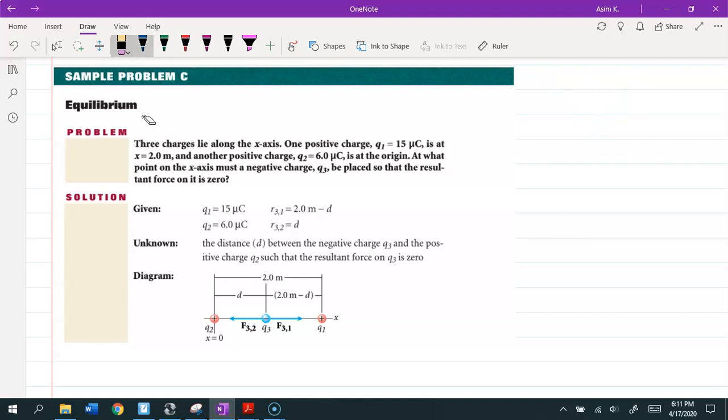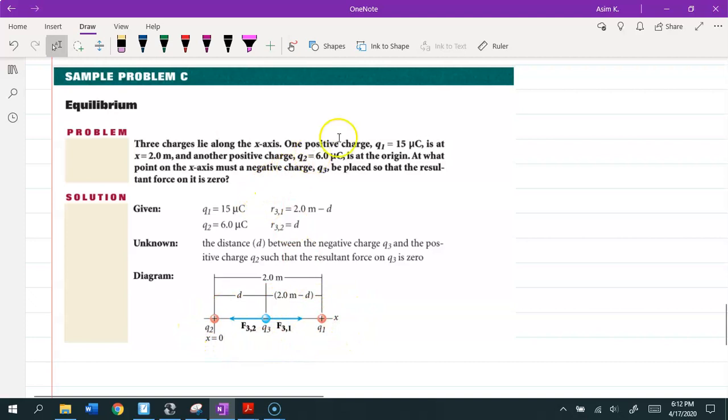The question says that you have three charges and they lie on the x-axis. So what I've got here is a diagram that is in the book as well, but here's your x-axis, and I just wanted to explain this to you very quickly because I know the equilibrium problem has kind of been tough for students to understand in the past.